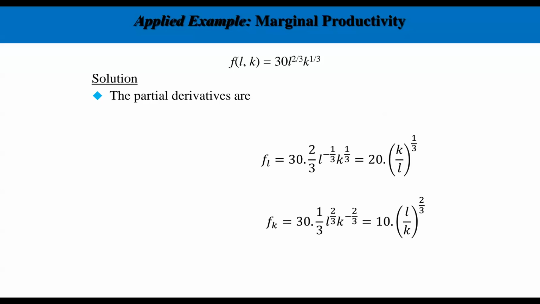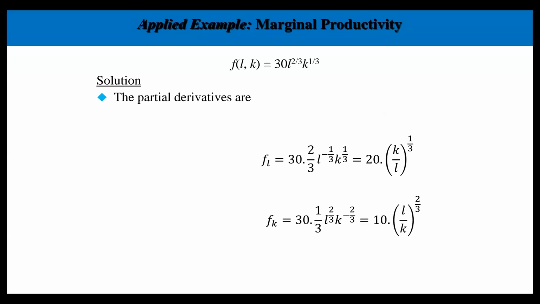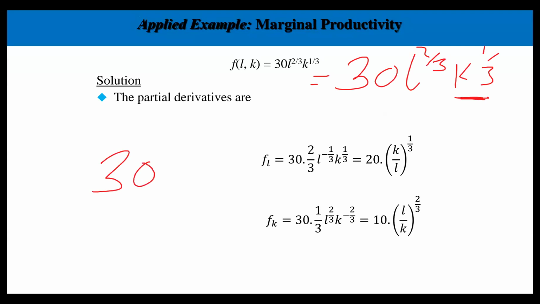The function is this one. The first thing is to take partial derivatives. The function is L to the power 2 over 3, a fraction, capital K to the power 1/3. So when you want to differentiate this function first with respect to labor, the K shall be treated as a number, I told you. So you have 30, which is actually a constant.